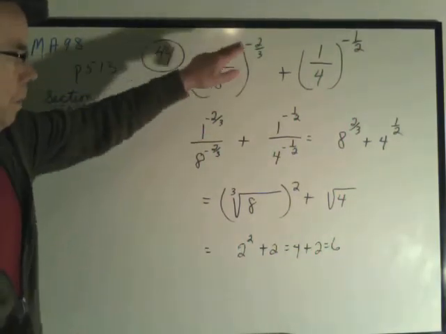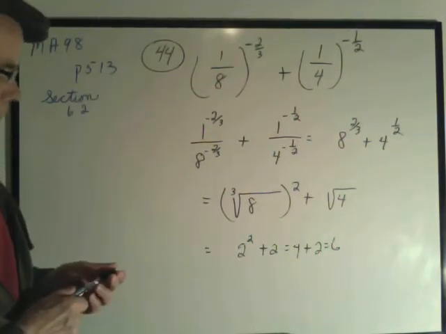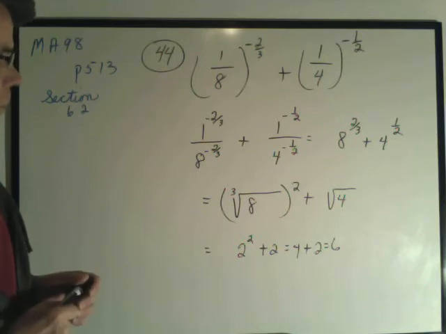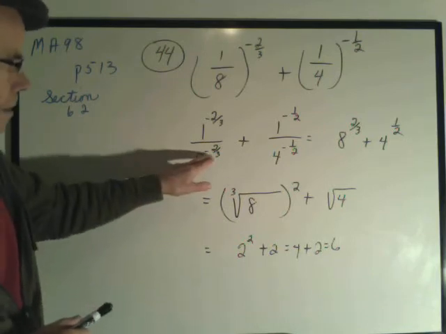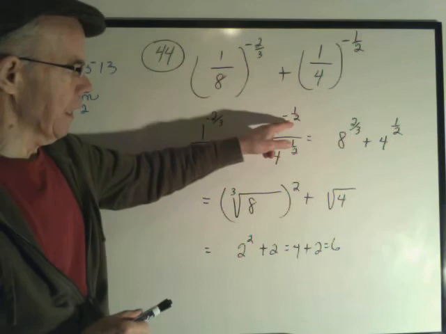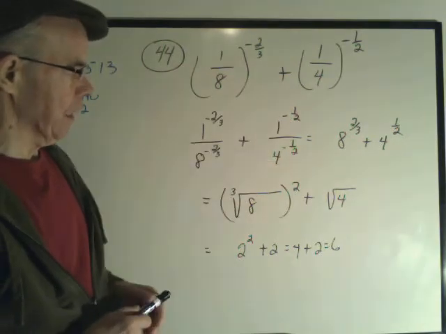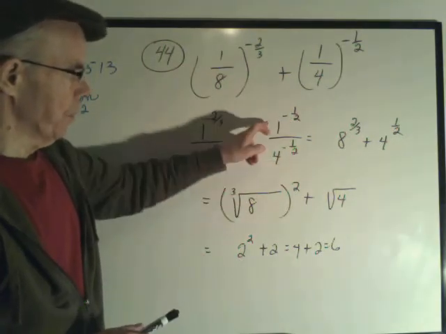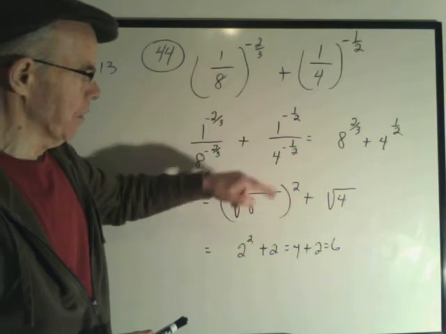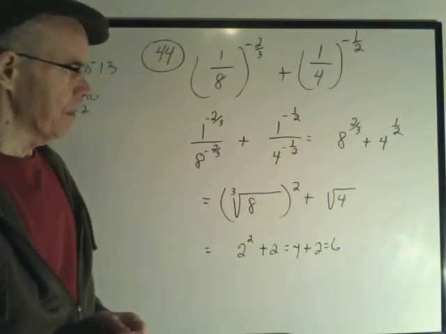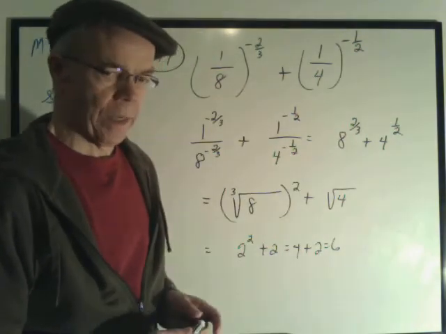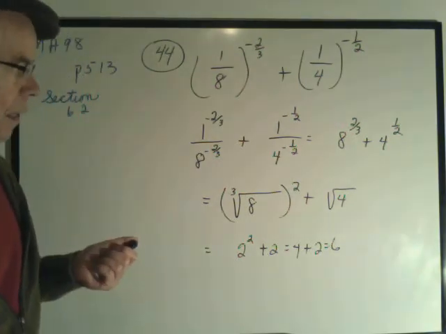All right, so you multiply through by the exponent, you get 1 to the negative 2/3 over 8 to the negative 2/3, 1 to the negative 1/2, 4 to the negative 1/2. You put this in the denominator, this in the numerator, you end up with 8 to the 2/3 plus 4 to the 1/2. You can forget about the 1.